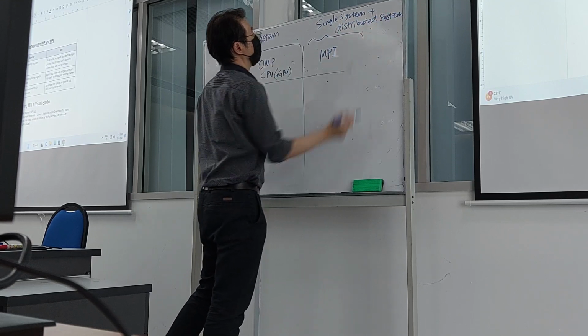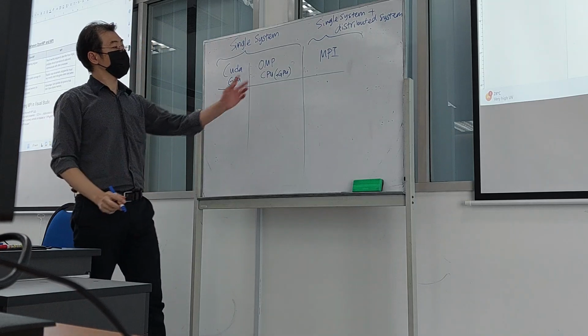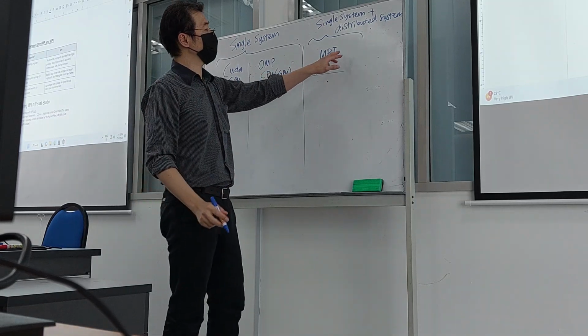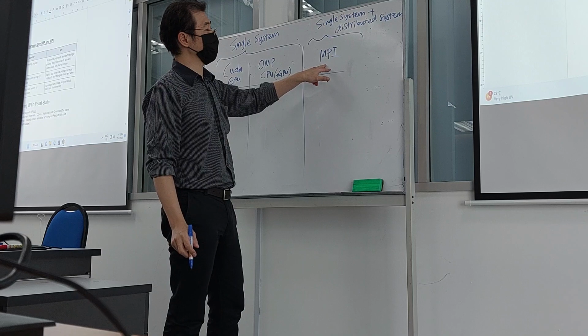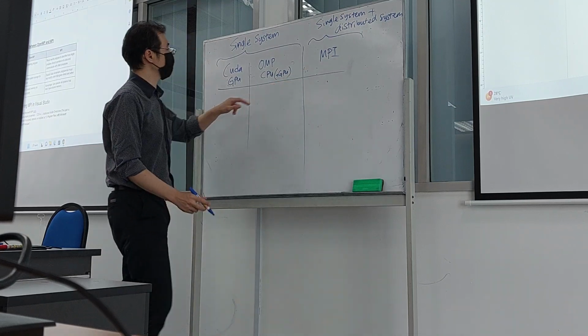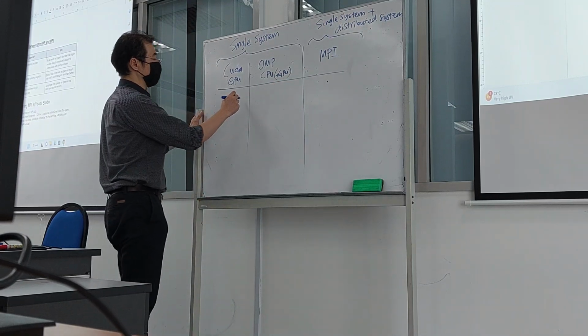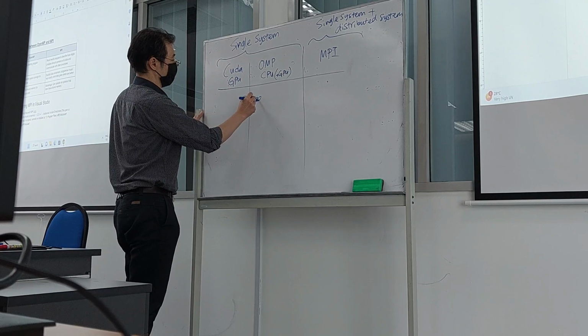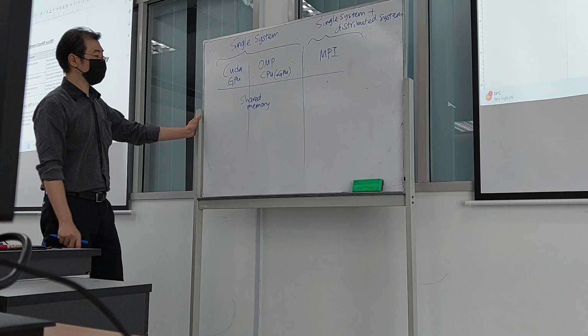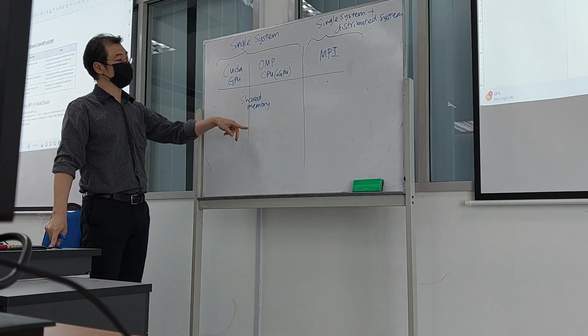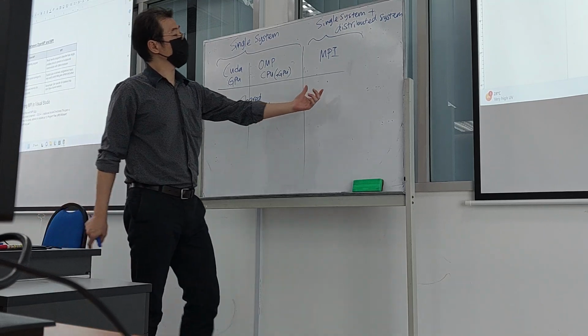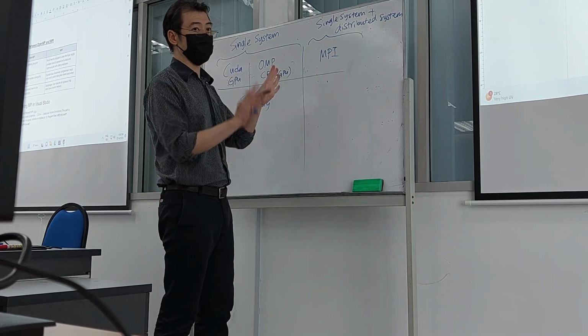Because the way they communicate with one another is by message passing. Here they don't use message passing. This one is shared memory. Whenever they want to communicate with one another, they use shared memory. Whereas on a distributed system, there is no shared memory, right?